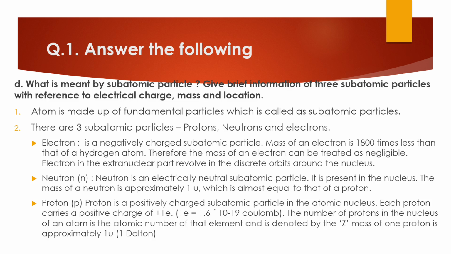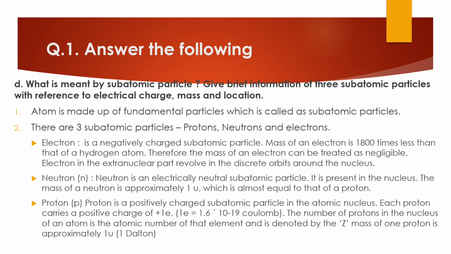A neutron is an electrically neutral subatomic particle. Neutral means there will not be any charge on that particle. They are neither positive nor negative. So they are neutral subatomic particles. They are present in the nucleus and the mass of a neutron is approximately 1 u, meaning 1 unit, which is almost equal to that of a proton.